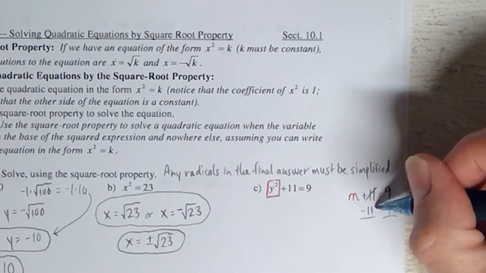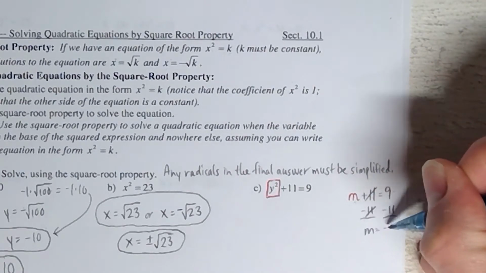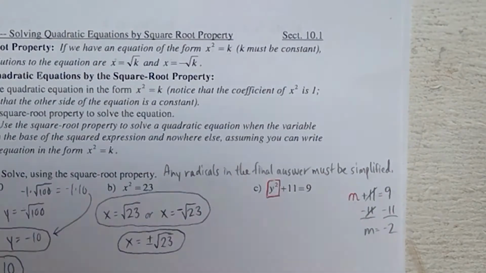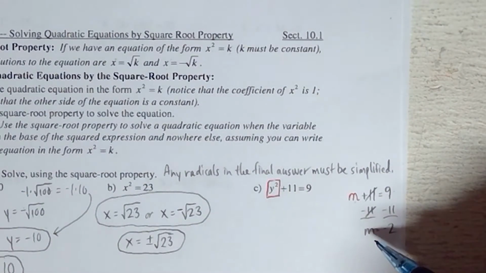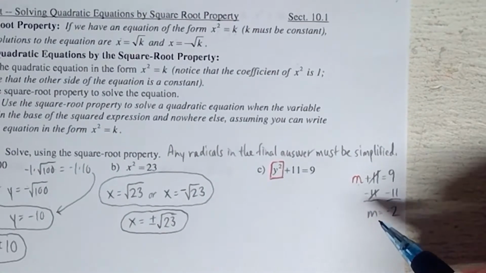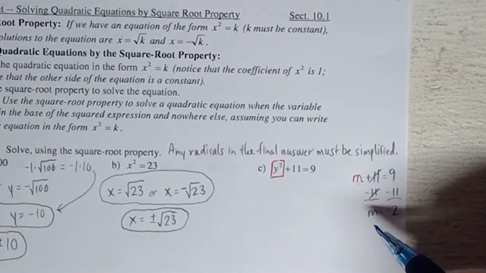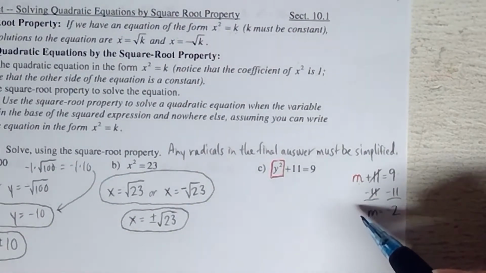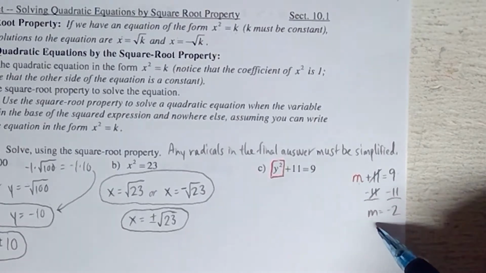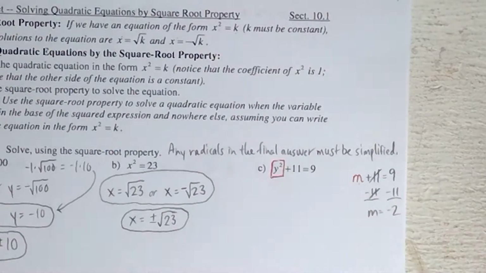That cancels the 11, and now we've got m equal to negative 2. Do I need to do that last step that we normally do for a linear equation, dividing out? No, I do not, because m is already by itself. If it had been 2m, then you'd divide by 2. Or if it had been 3m, you'd divide by 3. Those are the steps of linear equations.